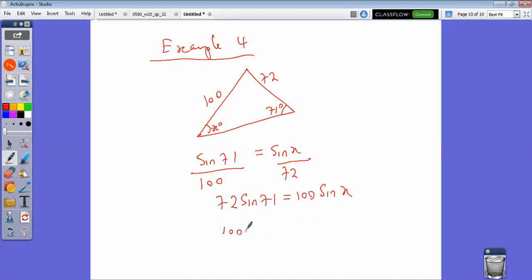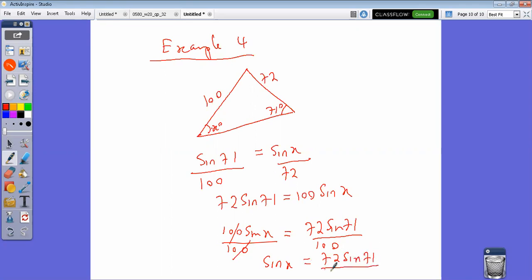So this cancels, and I have sine x is equal to 72 sine 71 over 100. But that gives us a fraction. So the last thing is x is equal to arc sine brackets 72 sine 71 over 100. Are we together?